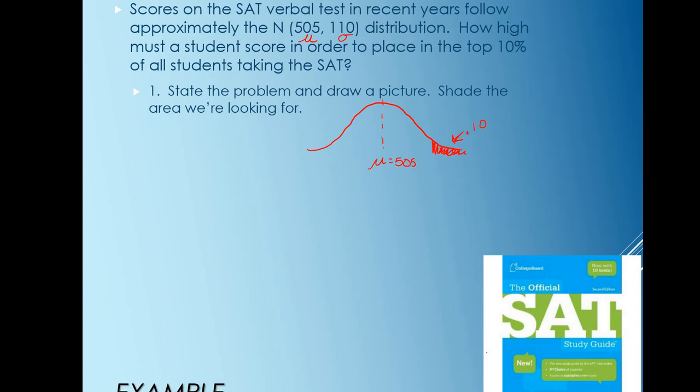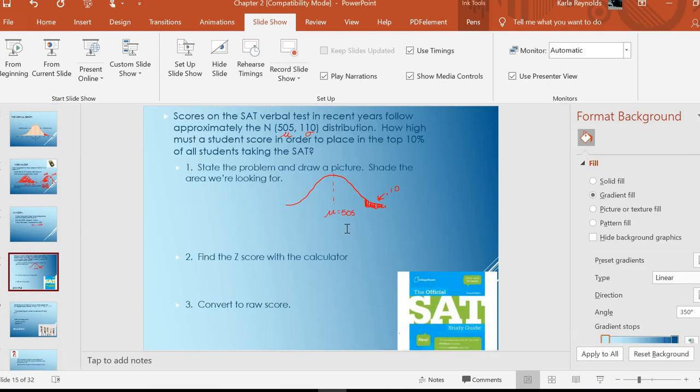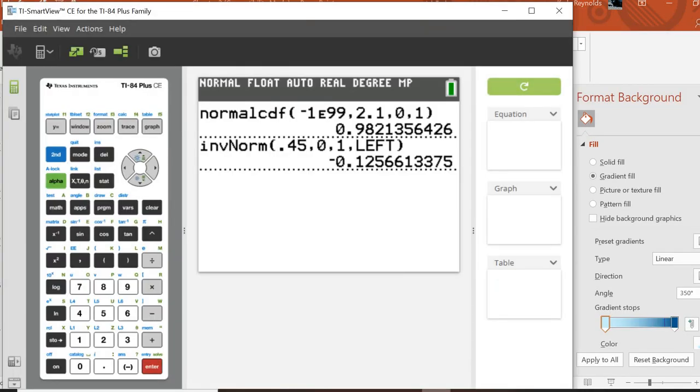So we're looking for the z-score that gives us that top 10%. All right, so I'm going to go to my calculator and we are going to see what z-score I get if I'm in the top 10%.